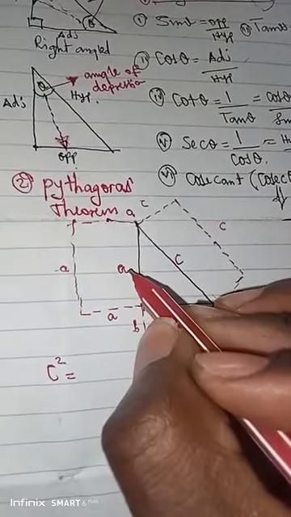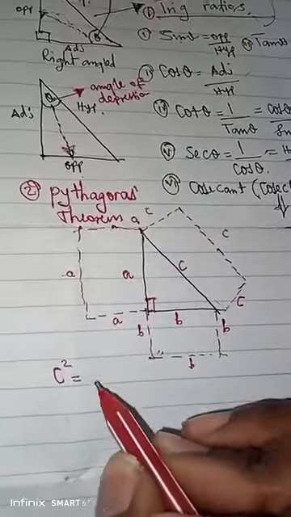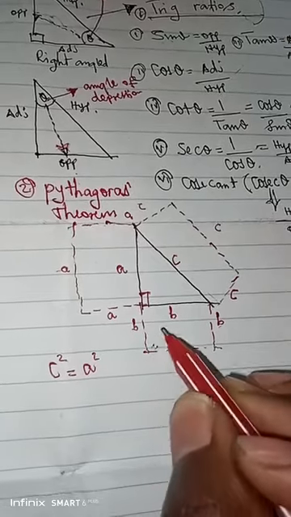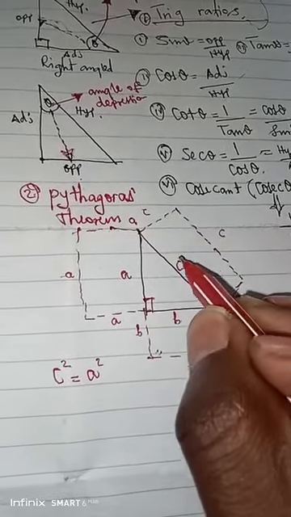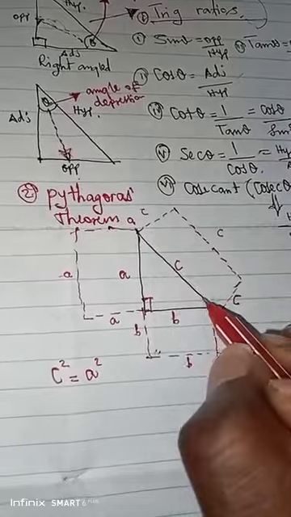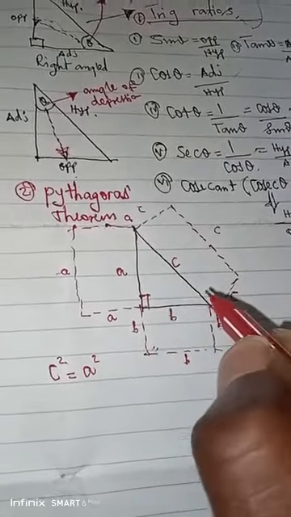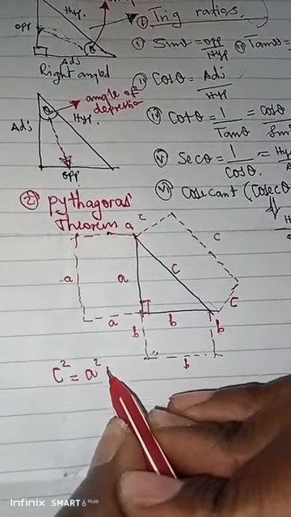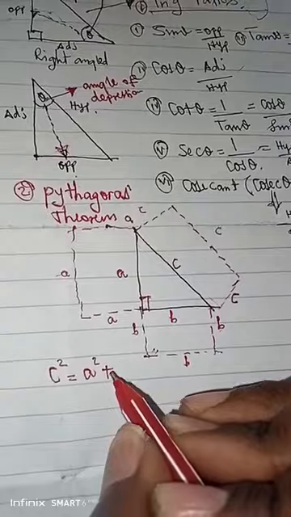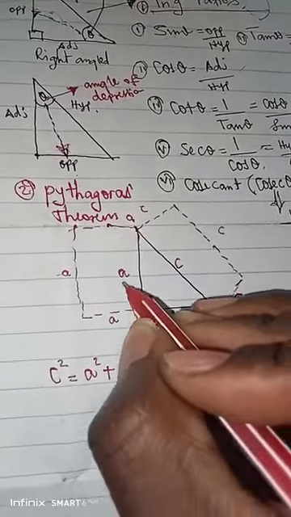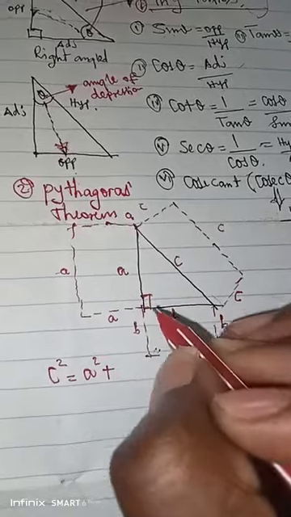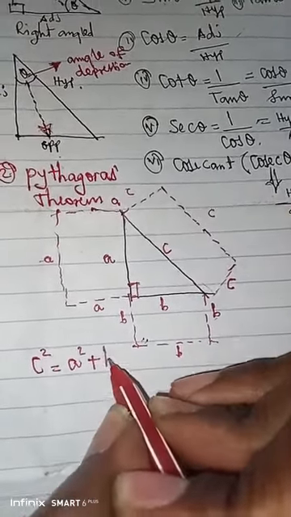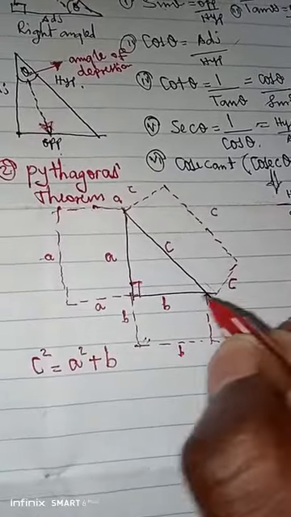So if I was to find the square of A, the square of A is just like this. Remember, he said that the square of the hypotenuse is equal to the sum. And anytime you hear sum, it just means addition. So if this is A squared, then this would definitely be B squared.